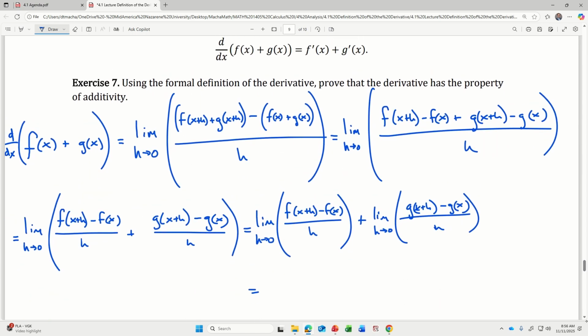And what is this? This is just f prime of x plus g prime of x.